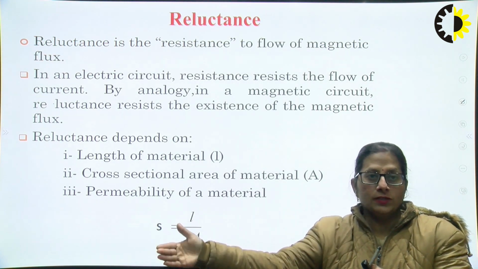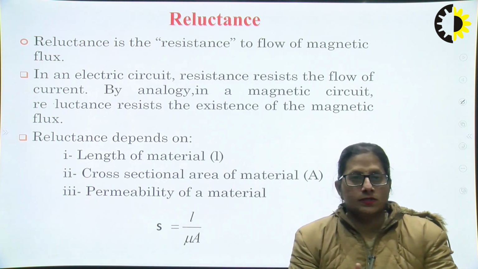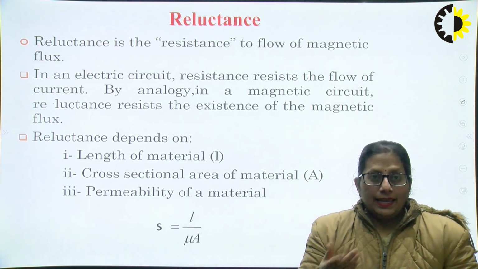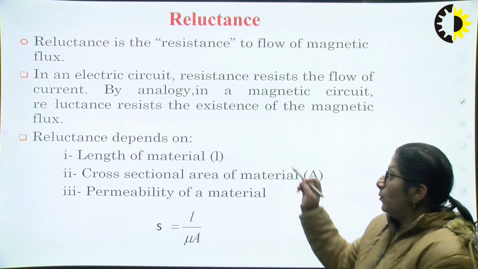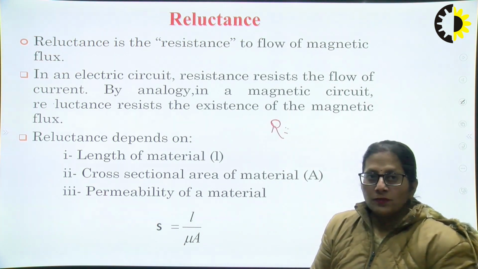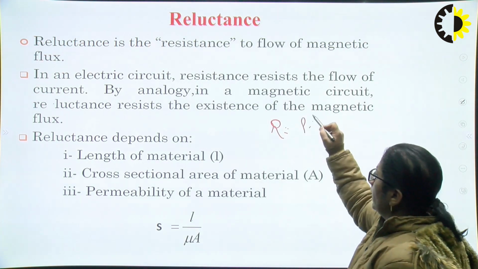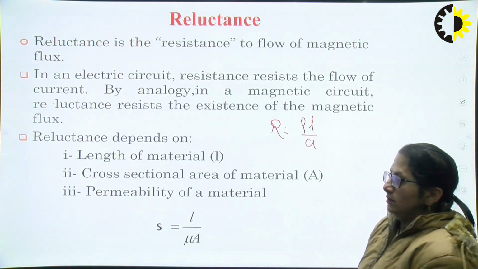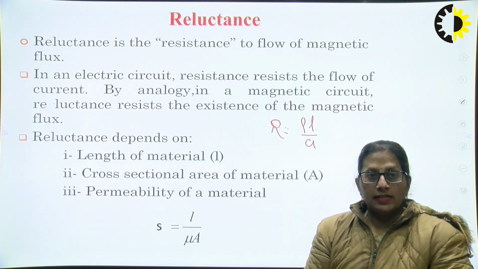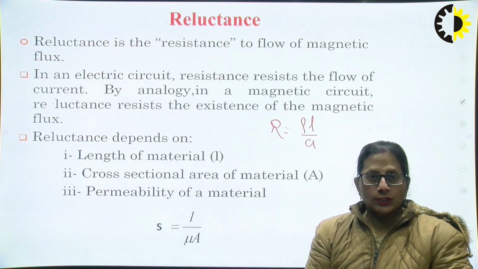In case of an electrical circuit, we have resistance, which is given by R is equal to rho L by A, where rho is the resistivity, L is the active length of the conductor, and A the cross-sectional area.